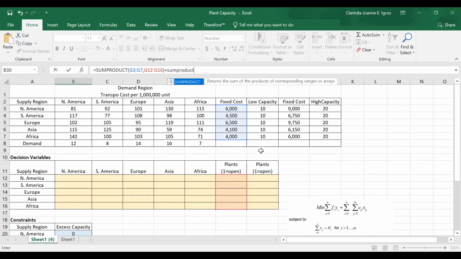So sum product of this one for the high capacity and this one. This is considered as the fixed cost.